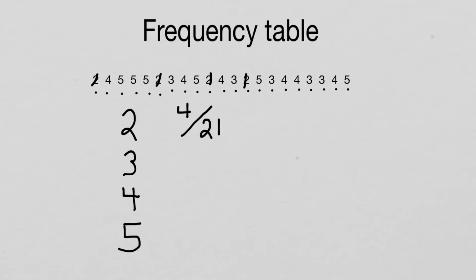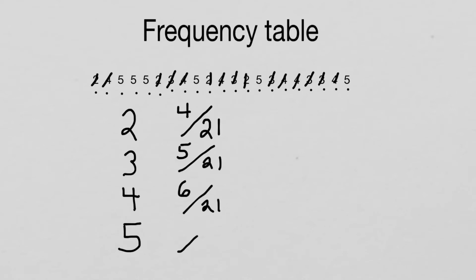The next one is the 3s. Let's see. 1, 2, 3, 4, 5. So frequency of 3s is 5 out of 21. 4s, 1, 2, 3, 4, 5, 6. 6 out of 21. I might have said 24 a minute ago.